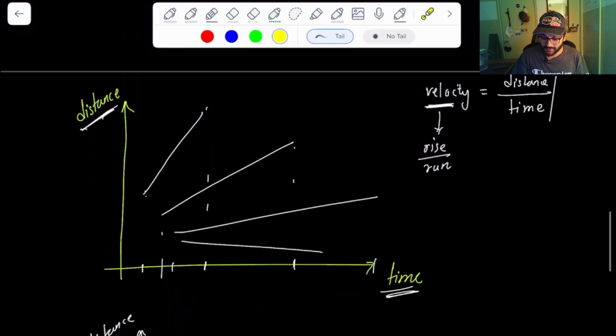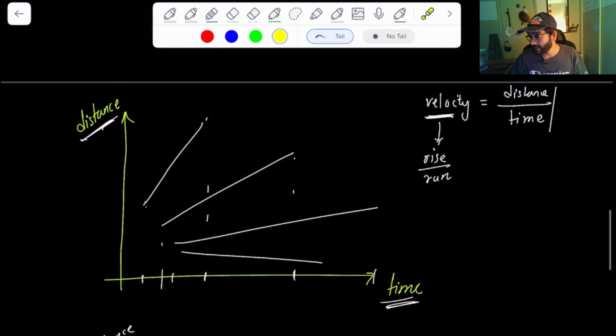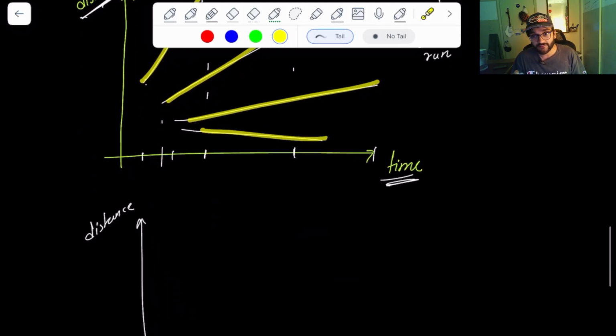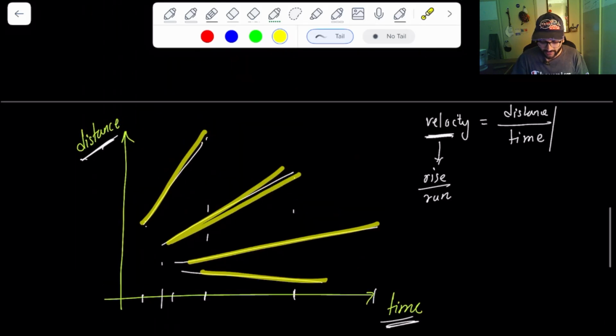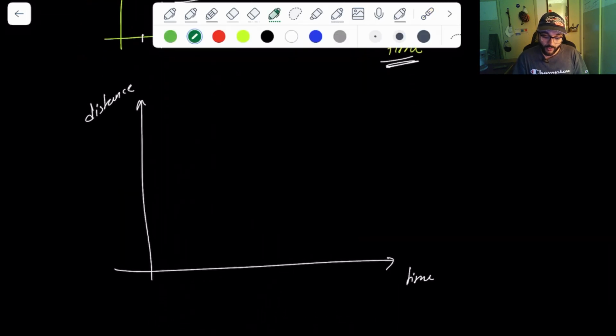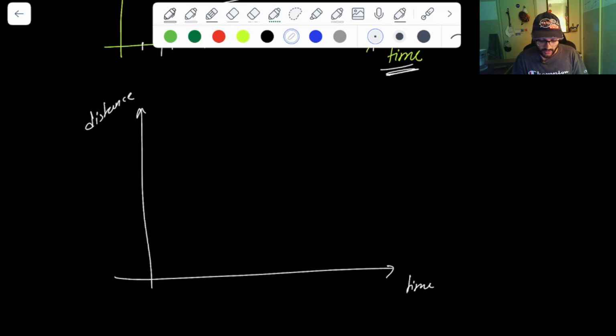Because we just agreed on the fact that the steeper a constant curve is, the higher the velocity is. And remember, when they make straight lines, this is a case of constant velocity.